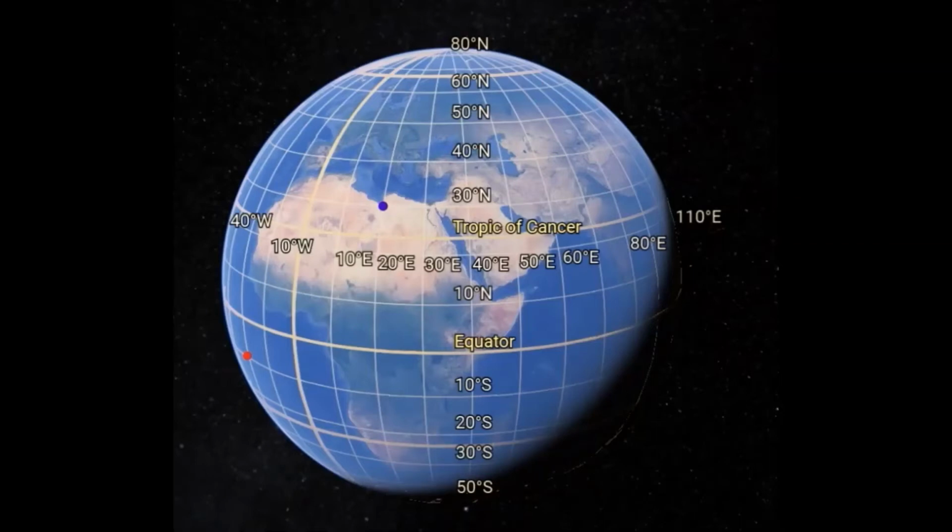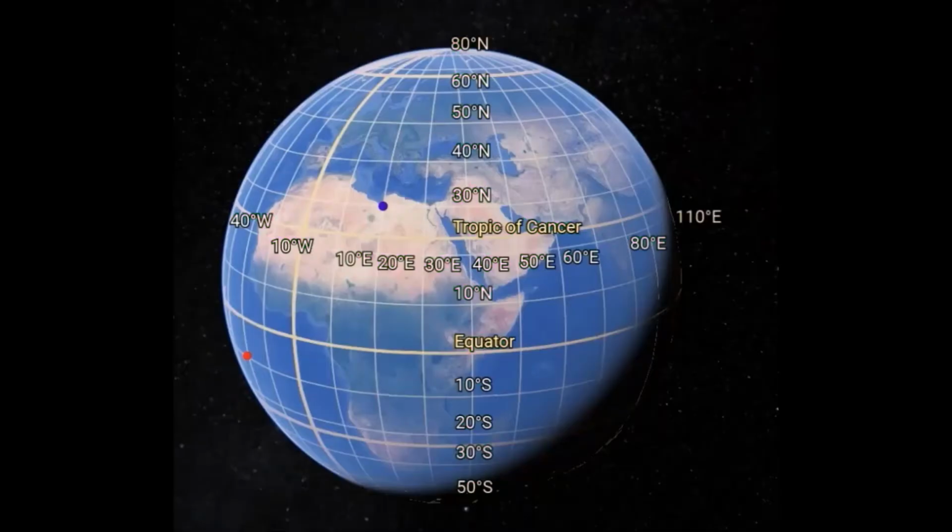So let's take a look at the red dot down here in the bottom left. We're going to start off with the latitude first, the degrees. I'm using the equator as my point of reference, and I've drawn a line here to help guide me.